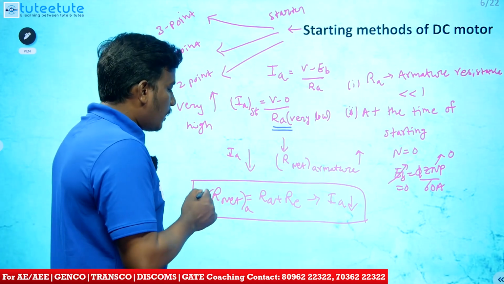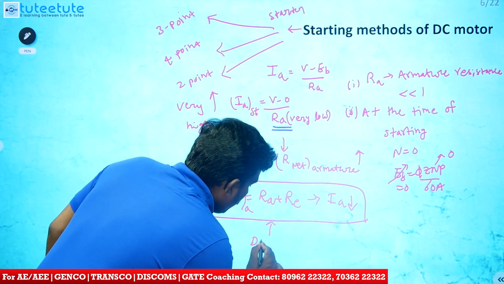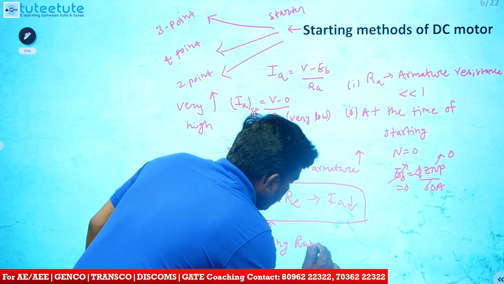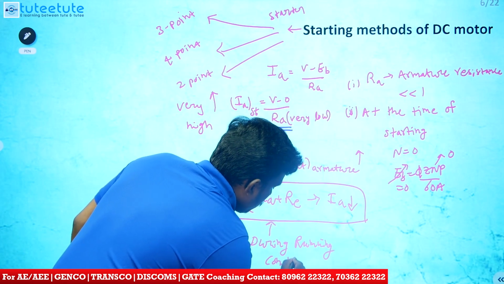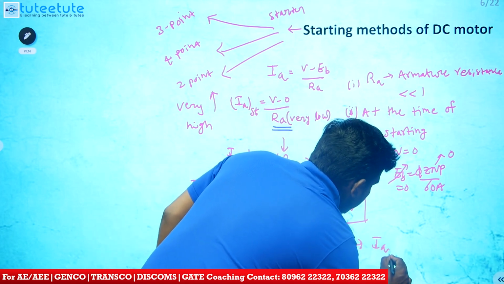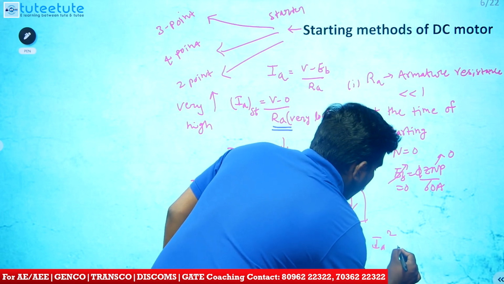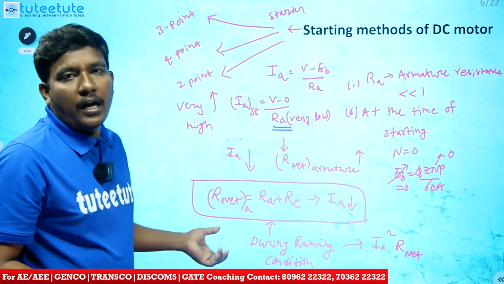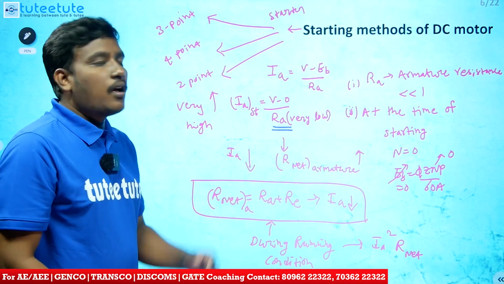One more thing: if you continue with the external resistance during running condition, what will happen? The I square R losses are going to increase.